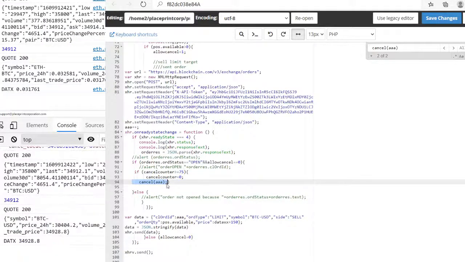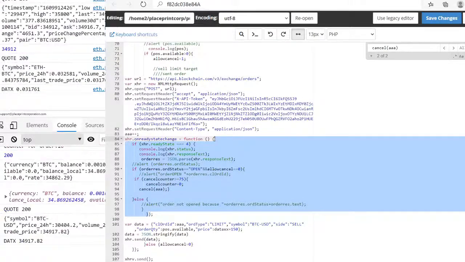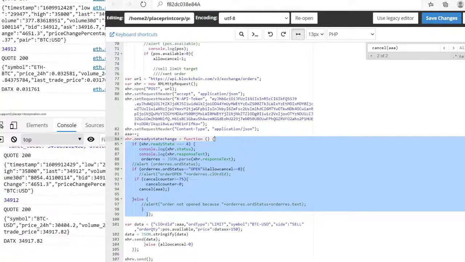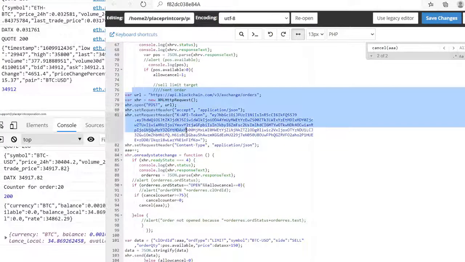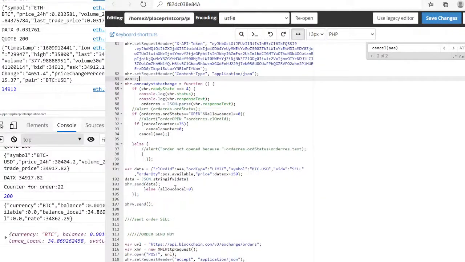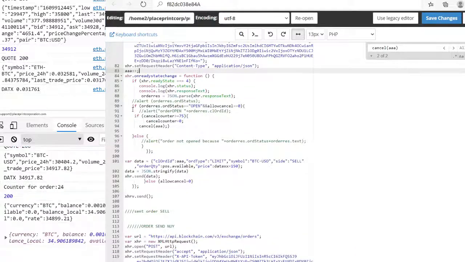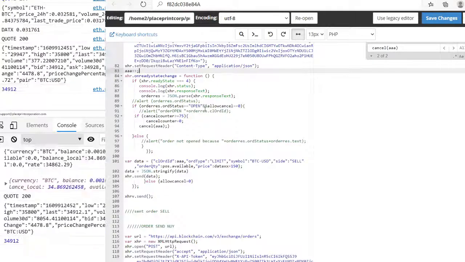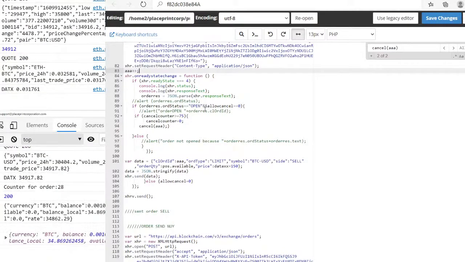We don't cancel any orders unless we're doing it inside the function for a new order, the new order post. And then on the results we're doing, hey, cancel that order. So what we're gonna say here is, if order status equals open and allow cancel equals 0, basically it's saying, hey, by the way, got a new order.